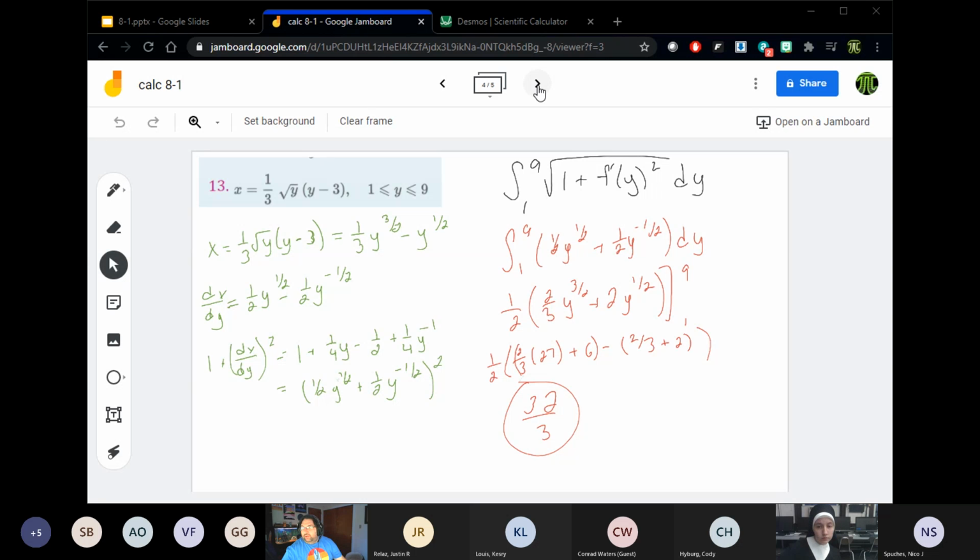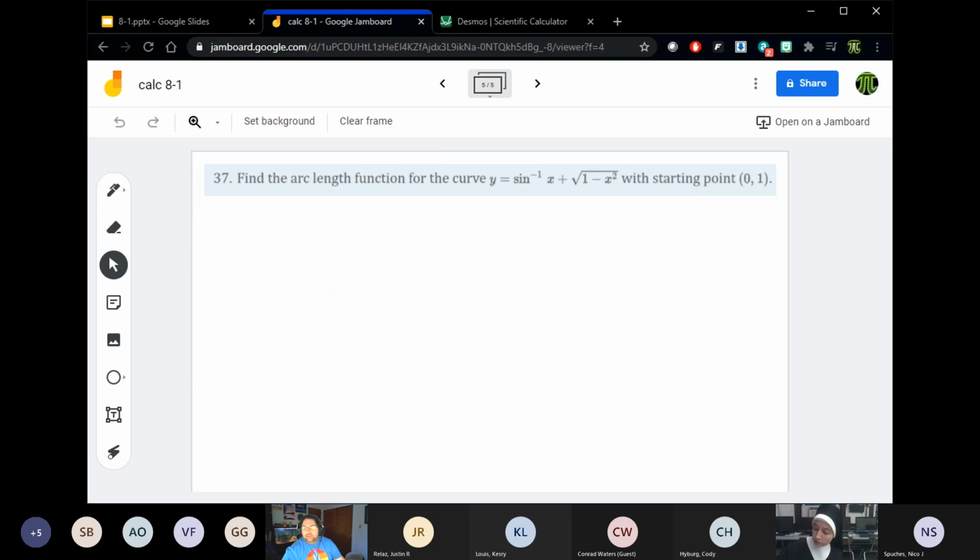All right, let's do a function one. I am going to give you one thing so that you don't have to look it up. The derivative of sine inverse of x.